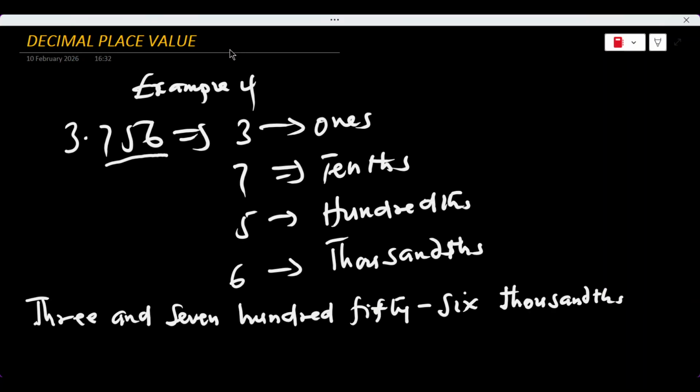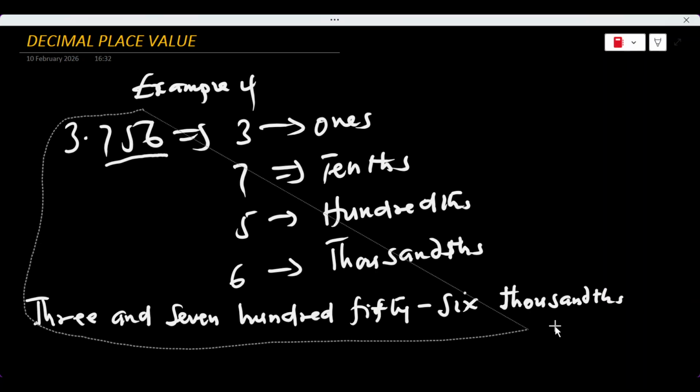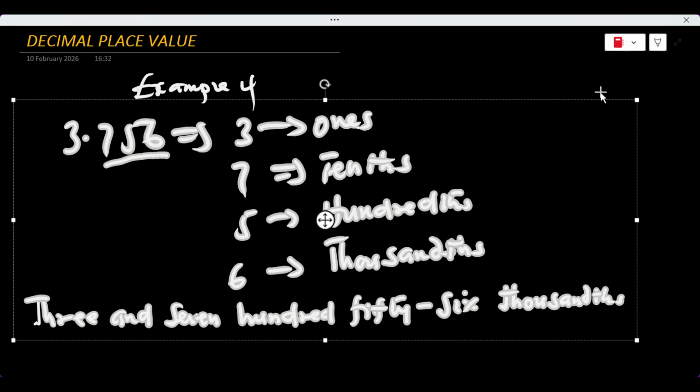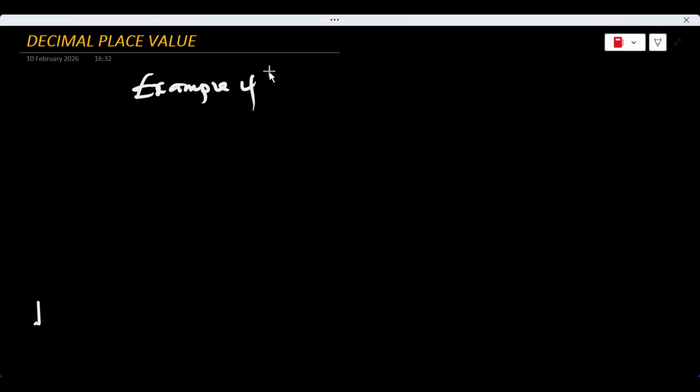Now I want you to practice this and check if you truly understand the concept of decimal place values.